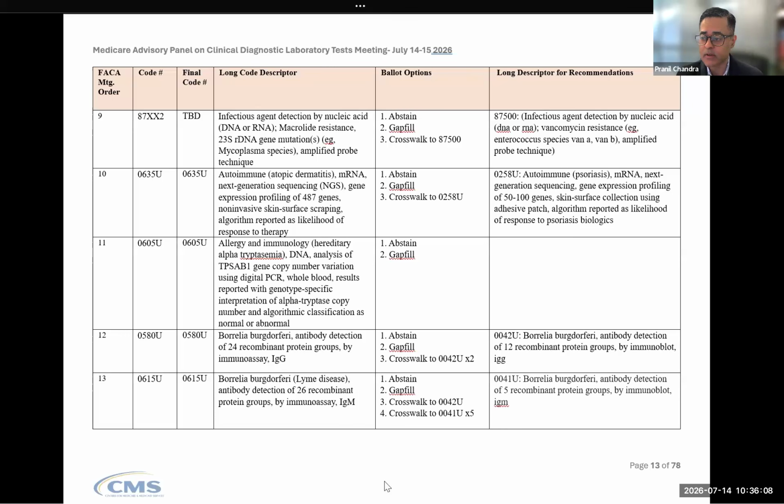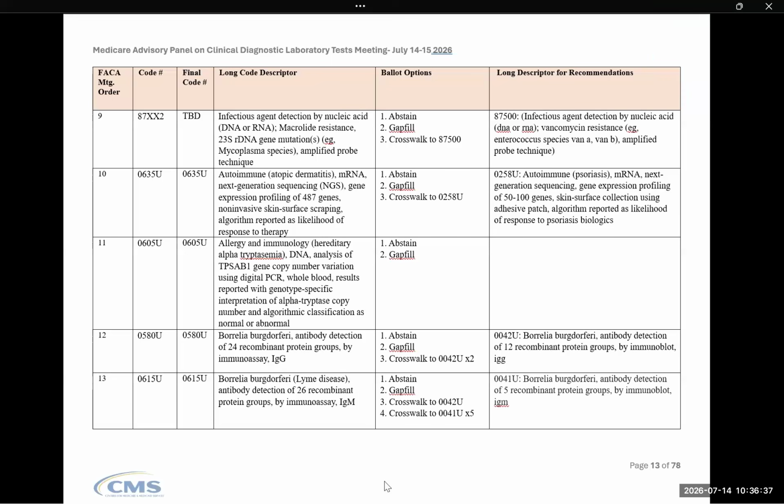I just wanted to acknowledge that and appreciate the effort. So this is a code for TPASAB1. It is a digital PCR test, and there's an algorithmic based result of positive or negative. I agree with the sponsor's recommendation to gap fill this code, and that is my recommendation.